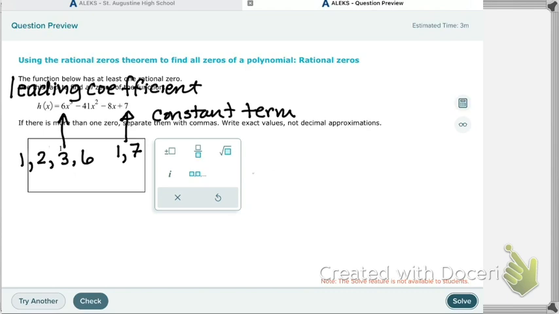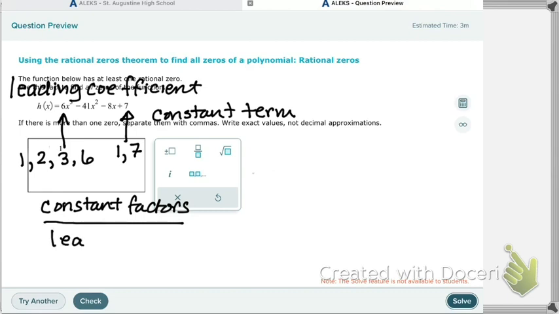And then what I'm going to do is look at all of the variations of the constant factors over the leading coefficient factors.